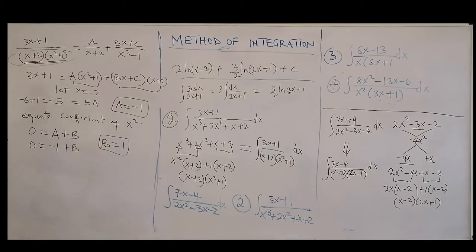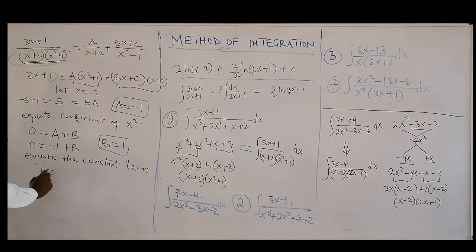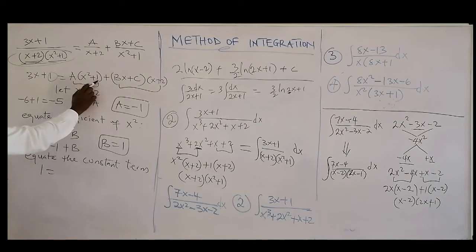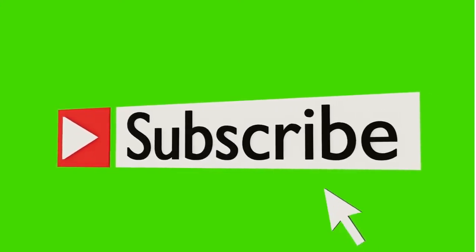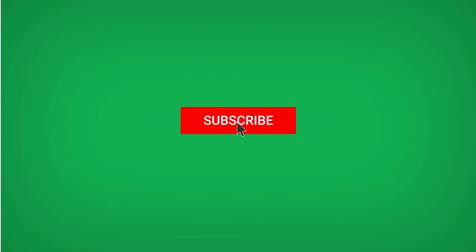So we need to get C. Let's equate the constant terms. On the left is 1. On the right, A times 1 is A, and if we expand, you have Bx squared terms and you have plus 2C.